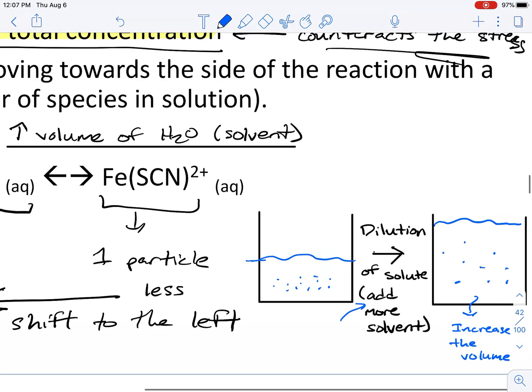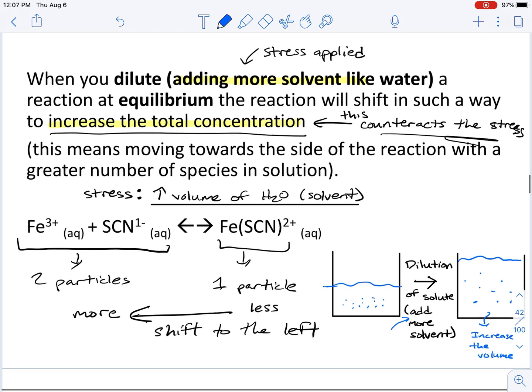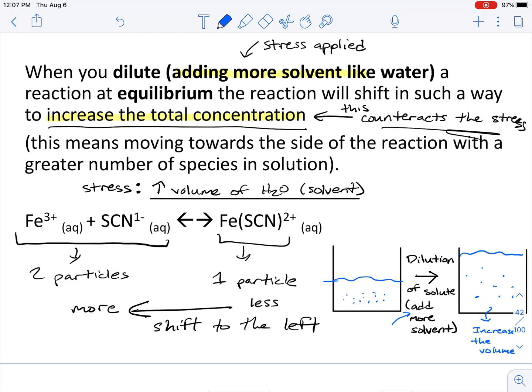And so increasing the volume for an aqueous solution shifts the equilibrium such that the equilibrium will move towards the side of a chemical reaction that has a greater number of particles.